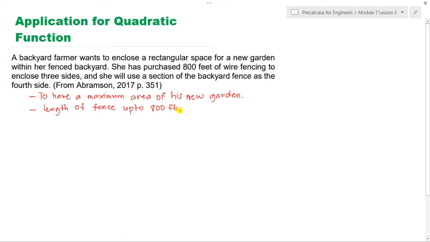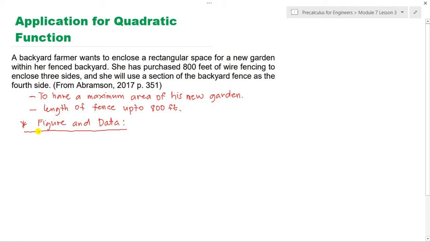So he should utilize the 800 feet so that it can output a maximum area for his new garden. What we need to do first is, of course, to illustrate the problem and then write all the given. So we have here the figure and data.